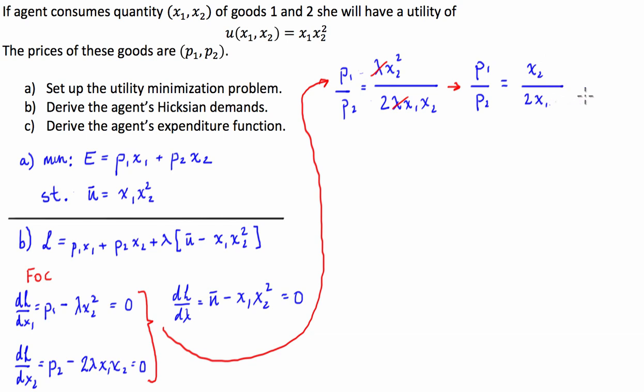Great. So what we can do now is make these in terms of x1 and x2. I can make it in terms of x1 by just moving the x1 to the top. I can say x1 is equal to P2 x2, so I'm just moving that up to there, divided by P1.